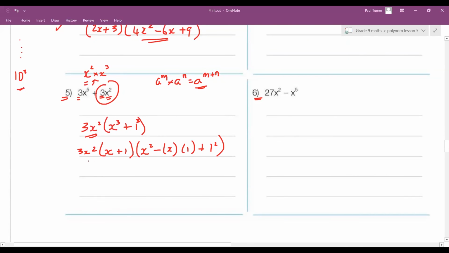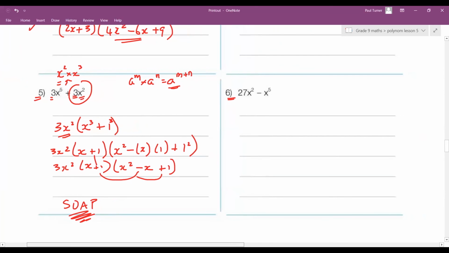Okay, and then we just tidy that up. 3x squared, x plus 1, x squared minus x plus 1. So same sign, opposite sign, all positive. Right, so if you remember SOAP, you'll be clean and you'll know how to do maths too. Well, cubics anyway. So that's question 5.